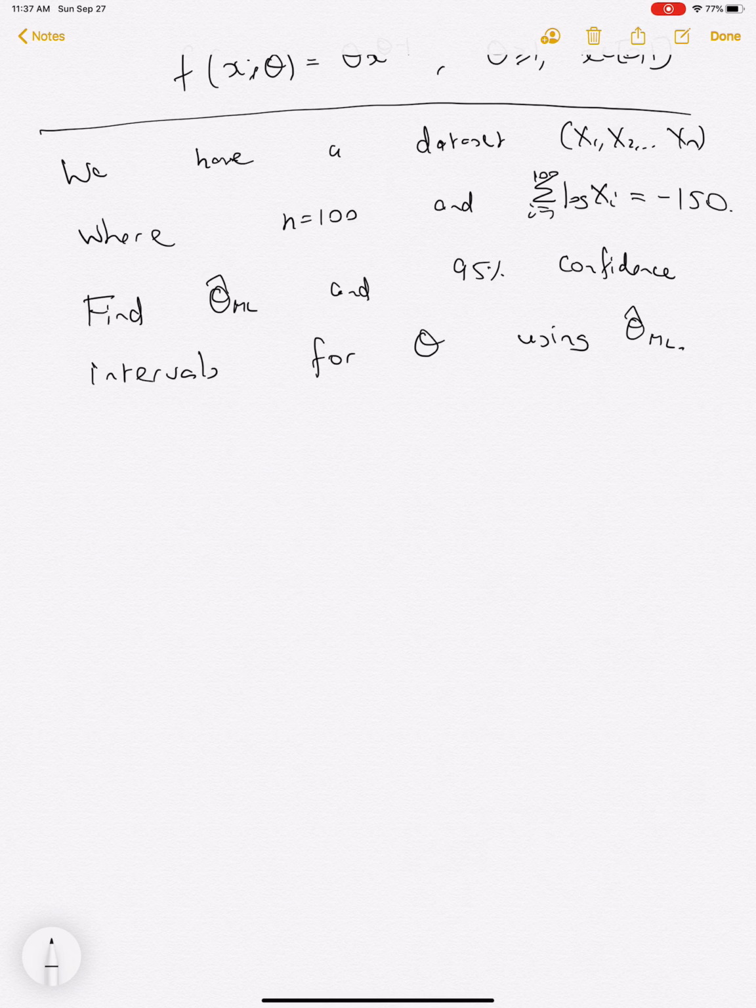Okay, so remember that we've done a lot of these calculations already, so I won't repeat them. I'll refer you back to lecture 11 where we looked at this distribution in quite a bit of detail and calculated the necessary quantities. So we've found that theta hat ML is equal to, okay, so that was our theta hat ML.